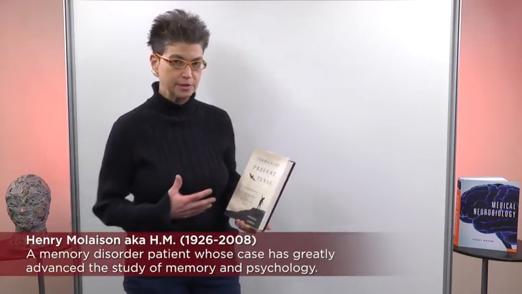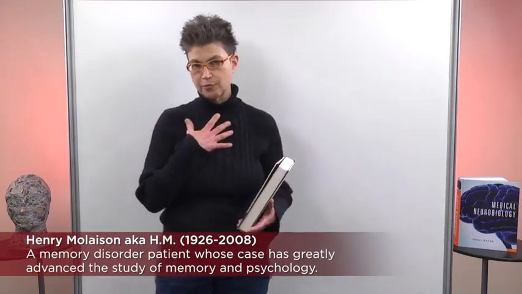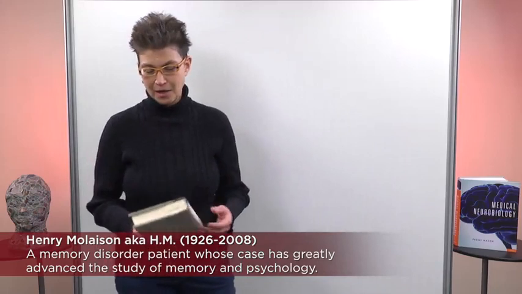And Henry Molaison, or HM as is more comfortable for me to refer to him, suffered from incapacitating seizures. He was having them all the time throughout his childhood and his teenage years and into his 20s.